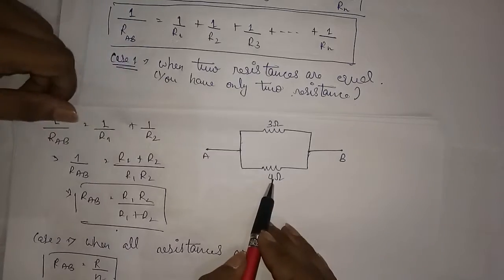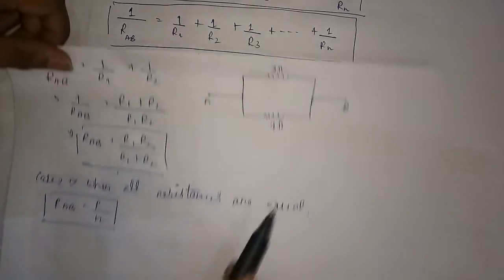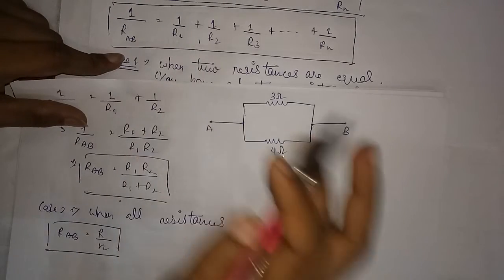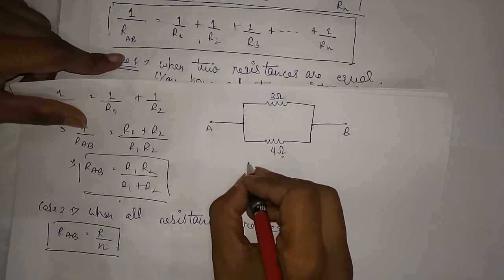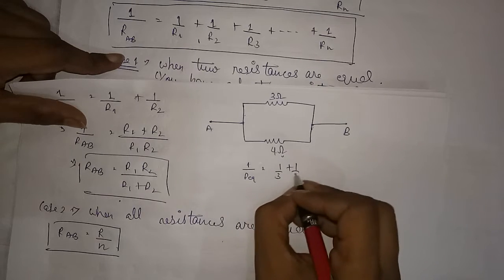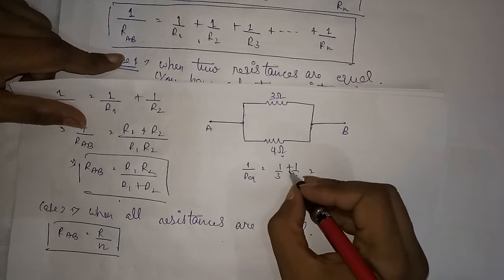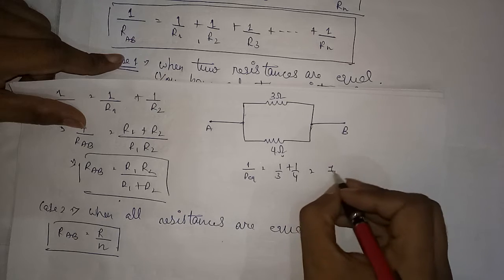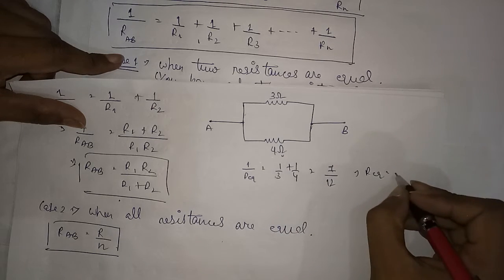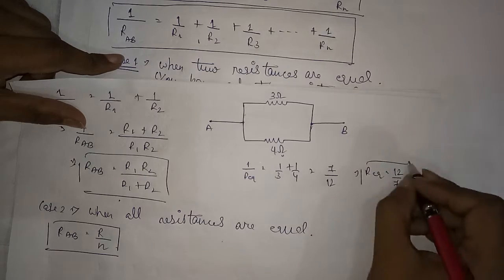So this condition is not following our case number 1 as well as case number 2. So in this case we have to use our normal formula, that is 1 upon R equivalent is equal to 1 upon 3 plus 1 upon 4, is equal to 4 plus 3, 7 upon 12, implies R equivalent is equal to 12 upon 7.